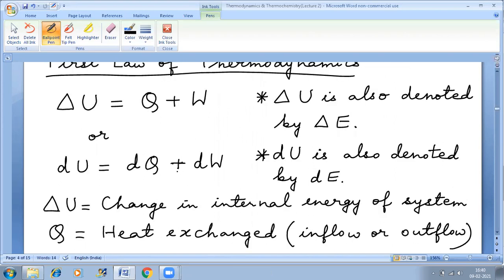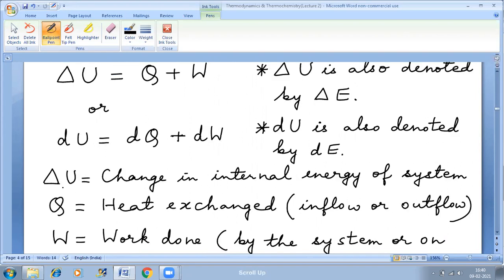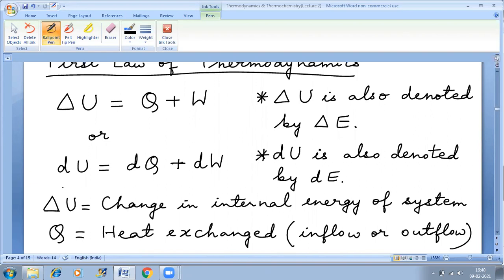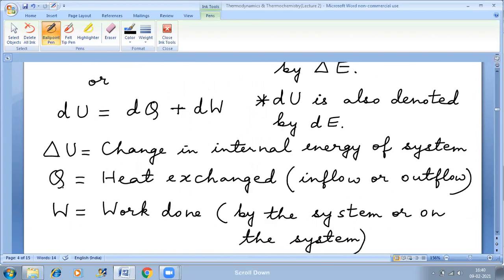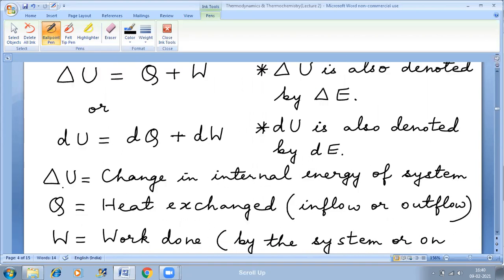So delta U is change in internal energy of the system. And Q is the heat exchange. So Q could be either inflow or outflow. And W is the work done. So it could be by the system or on the system.